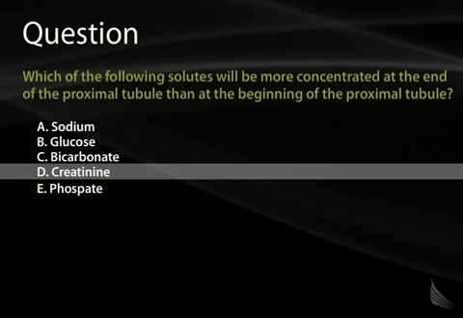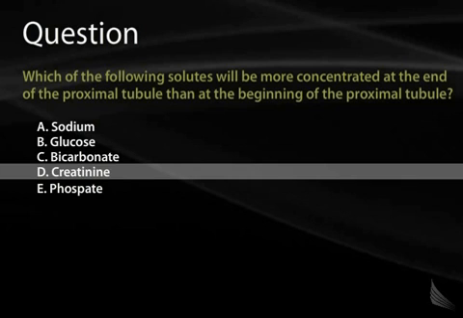This question is similar to the graph we walked through comparing the tubular fluid concentration to the plasma concentration along the proximal nephron. One can recall that substances are reabsorbed in a preferential fashion in the proximal tubule, primarily glucose, bicarbonate, and phosphate.